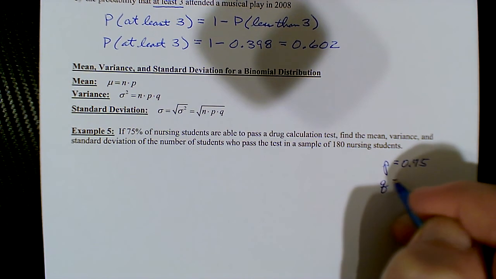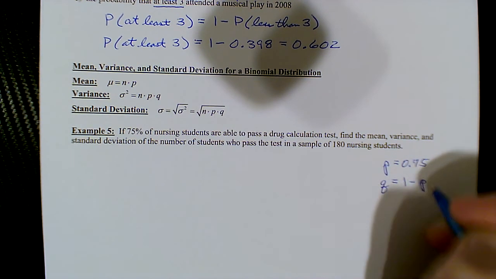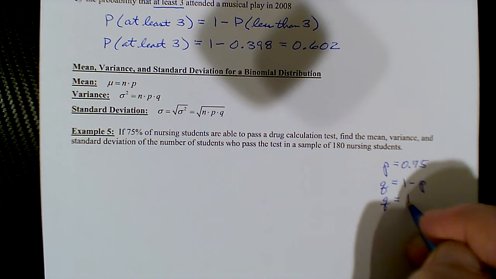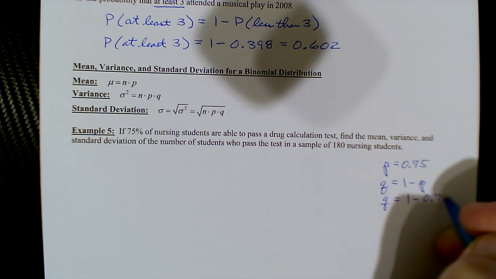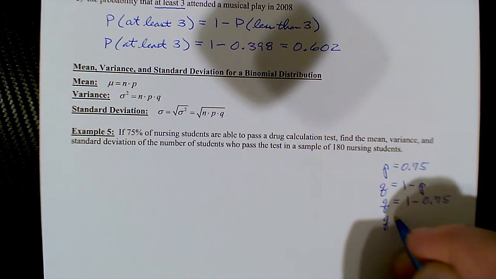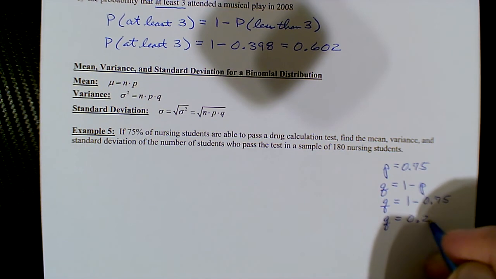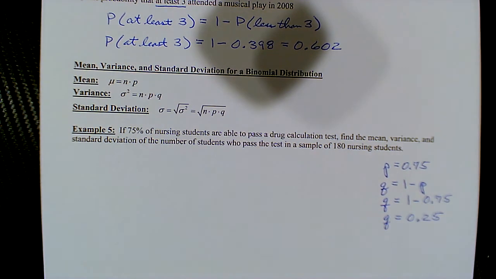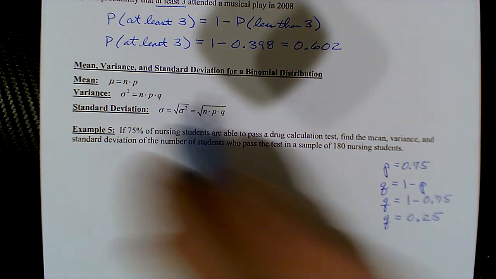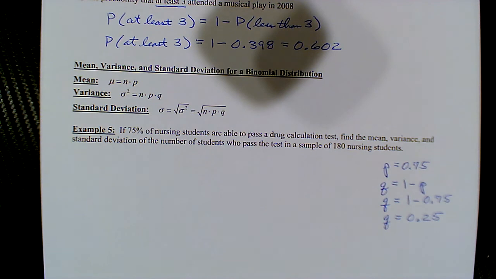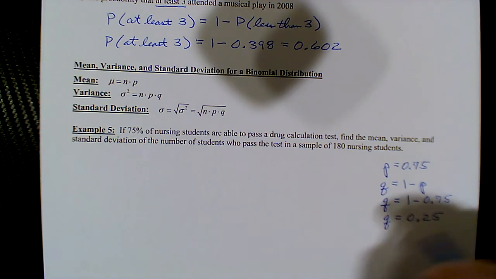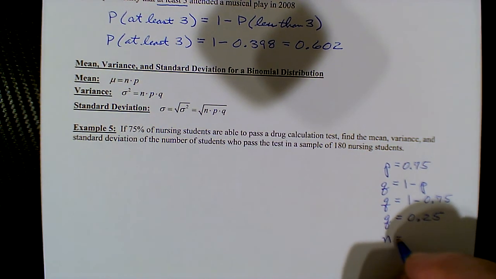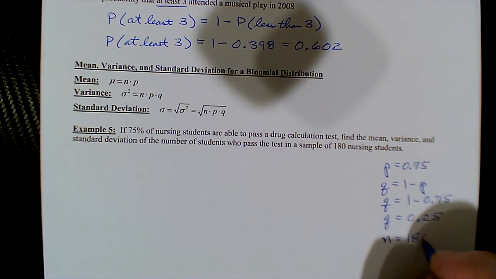I'll grab q right away. 1 minus p, so 1 minus 0.75, or 0.25. And here are our formulas for mean, variance and standard deviation. The only other thing we need is the value of n, and there's a sample of 180 nursing students, so n is 180.